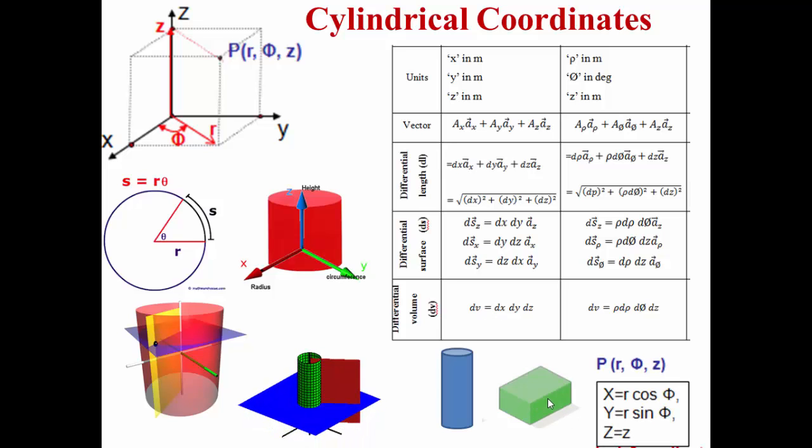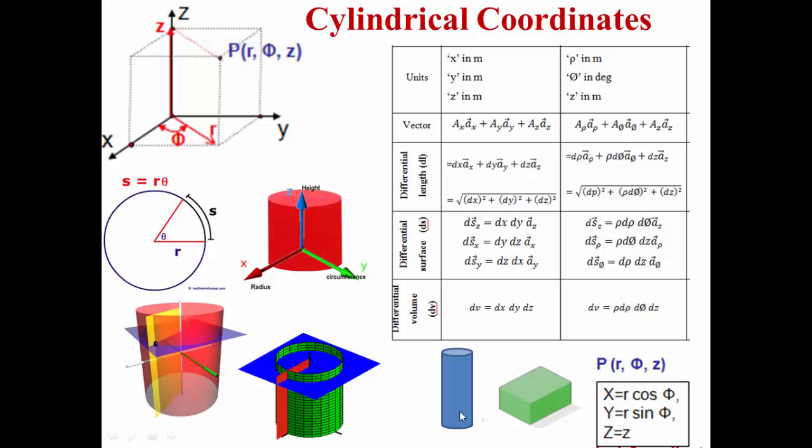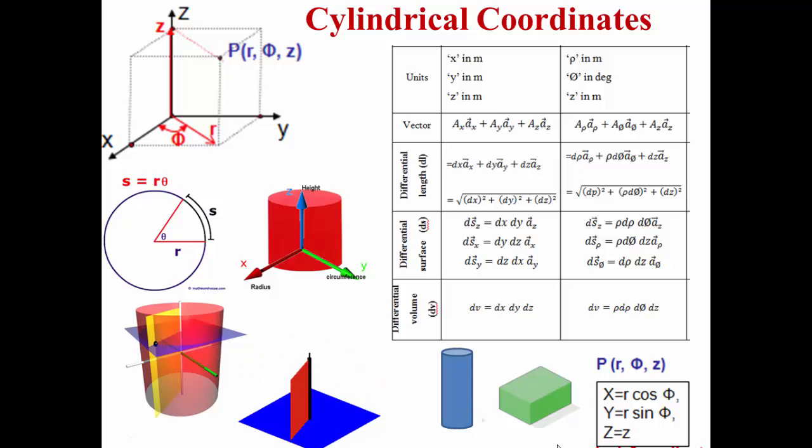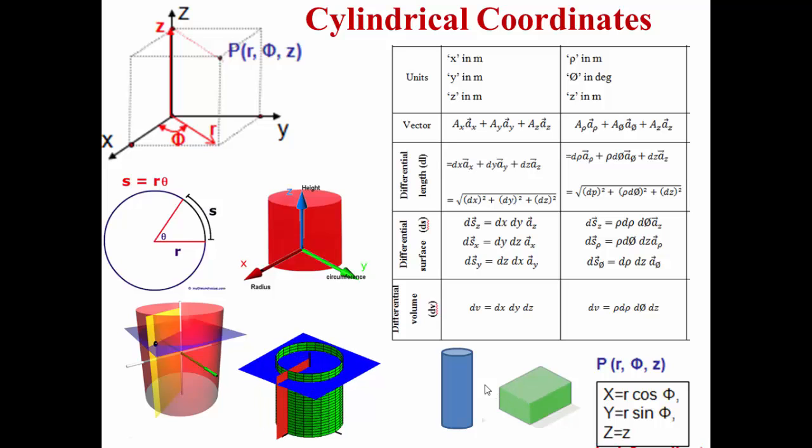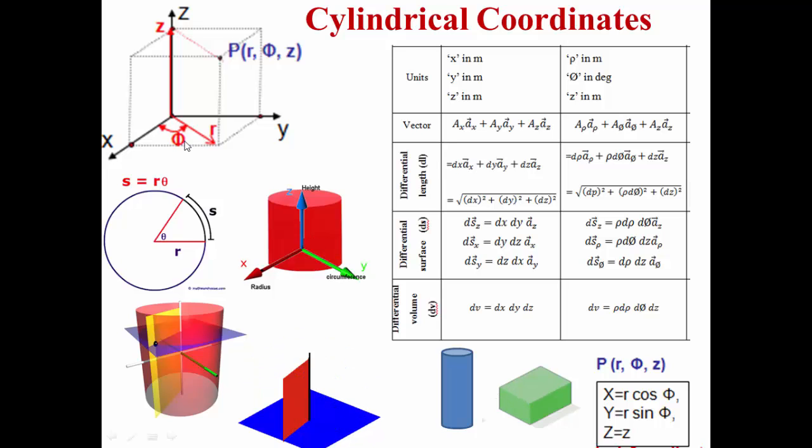Next, just imagine this and this figure. This is rectangular, this is cylindrical. While comparing these two objects, the z direction remains the same. Only the x and y directions of a rectangular object form this r and phi.